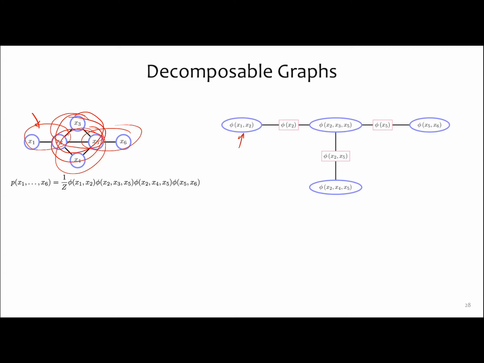The click in the center is a cluster of x2, x3 and x4, and so on and so forth. So we had the clusters of the random variables. We have separators, which we also call subsets. And this was our junction tree.